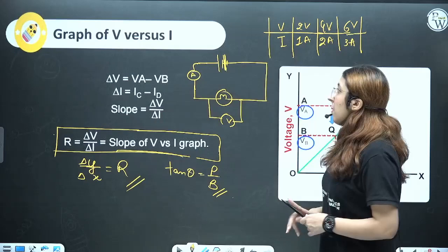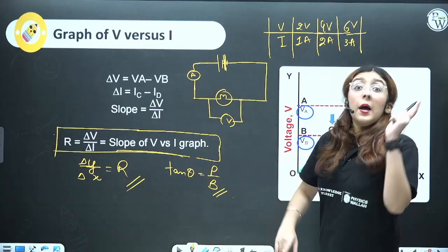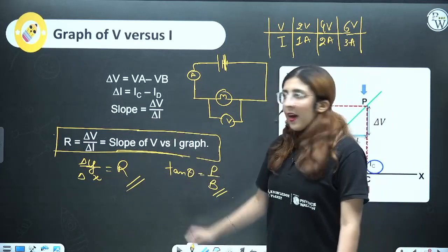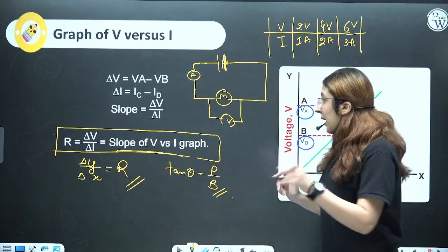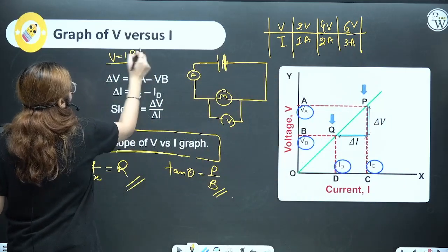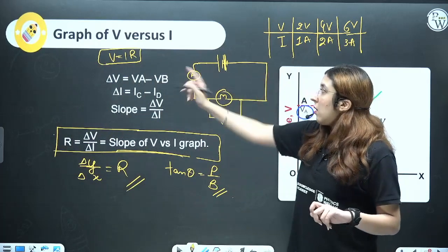Always remember the graph of V and I will always give you resistance, be it V by I or y by x. That is important because in Ohm's law we state V is equal to IR. It's not I is equal to VR, it's V is equal to IR.